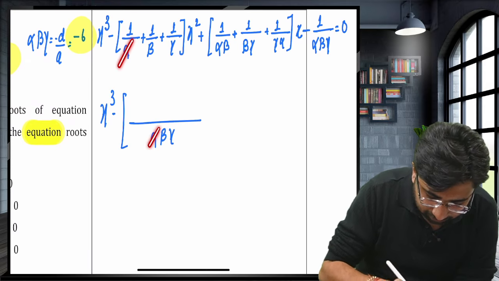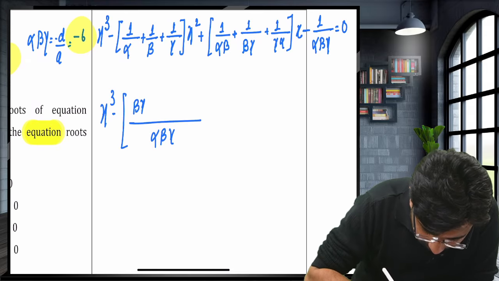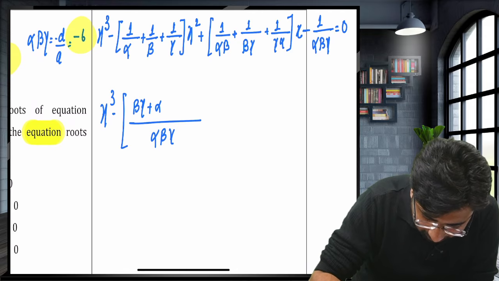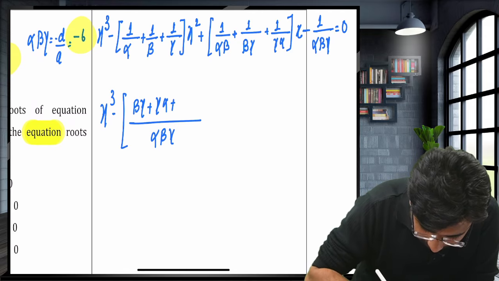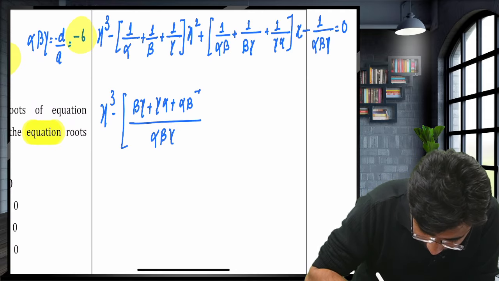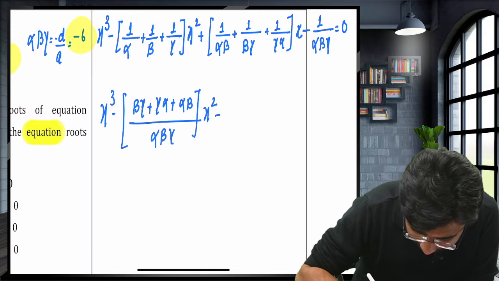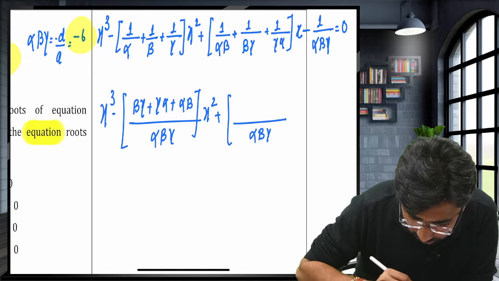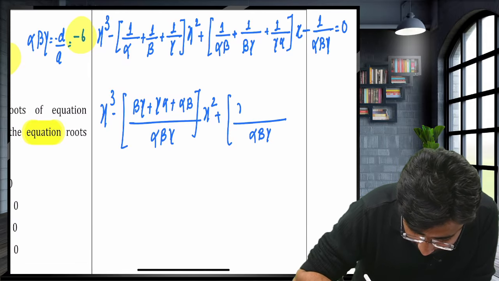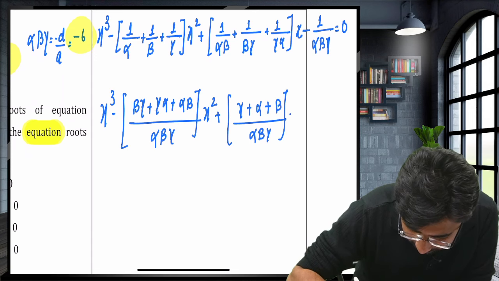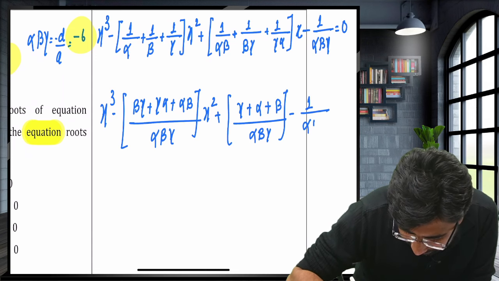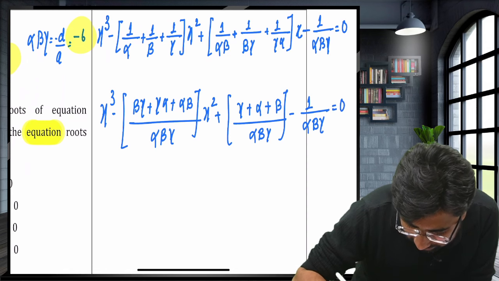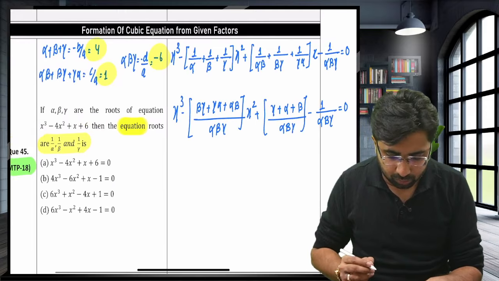Here alpha will cancel, you will get beta into gamma plus alpha into gamma, or gamma into alpha plus alpha into beta, is equal to x square plus, here you take the LCM alpha, beta, gamma. So you will get gamma plus alpha plus beta, minus 1 upon alpha into beta into gamma, is equal to 0.